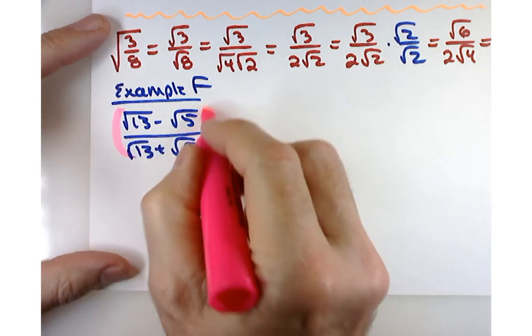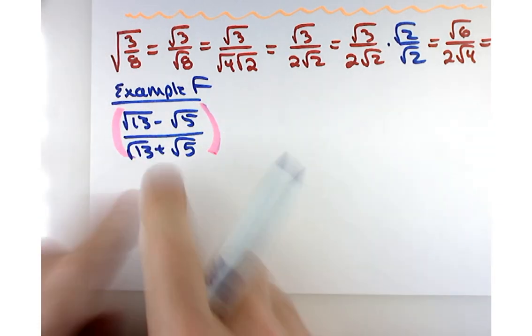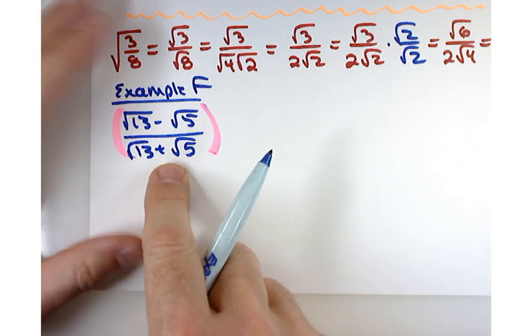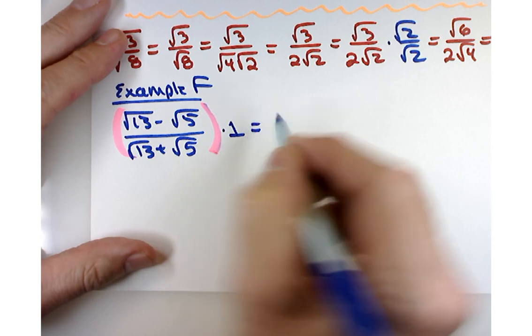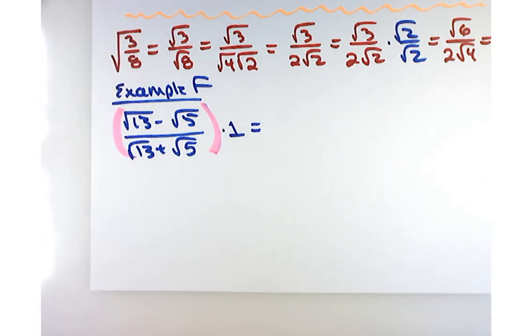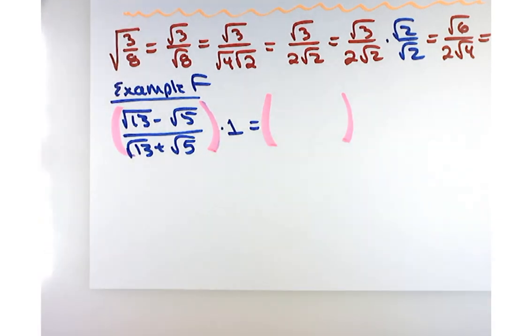So I'm kind of out of sync with my numbering here, but let's do that. When we do this one, you realize you've got a big mess in the denominator. So the trick is to multiply by 1. And if you get the right form of 1, that's probably 1 point worth of partial credit.